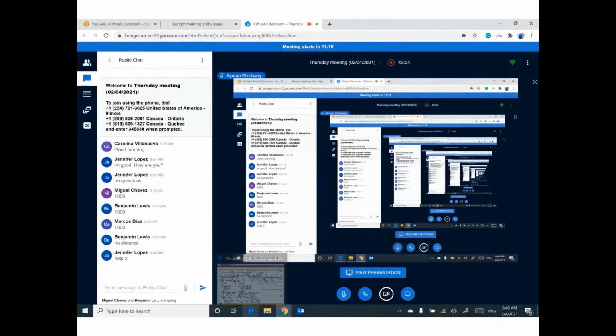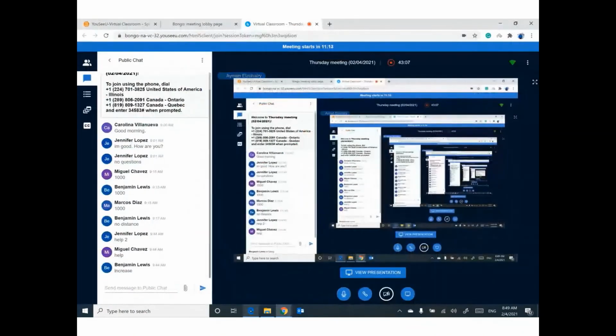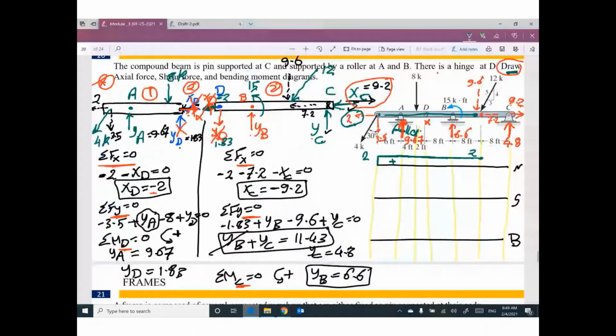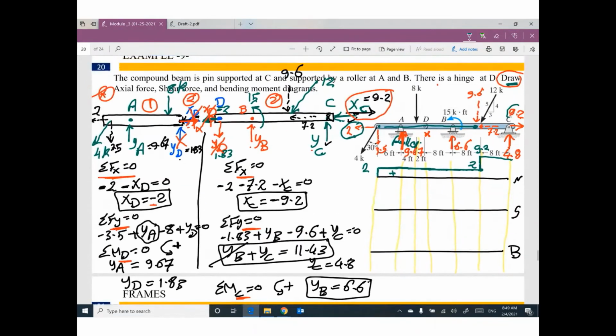Help? Decrease? The answer is very, very simple. 7.2 in the same direction like 2 or opposite direction? 7.2 in the same direction like 2. So this value will increase to 9.2. If you keep walking to the end, you can find the 9.2 in opposite direction. You will go down to 0.